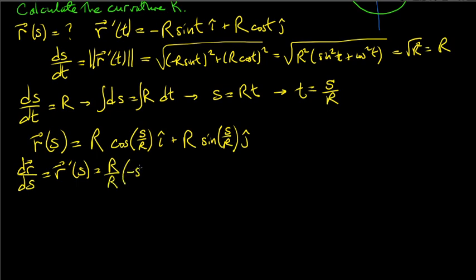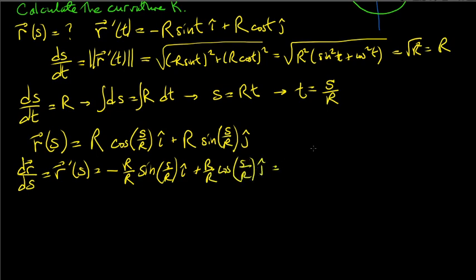So negative, well, let me put the negative in front. Negative r over r times sine of s over r times i. And then same thing here, plus r over r times cosine of s over r times j. Again, the 1 over r comes from the chain rule. So this is really just negative sine of s over r times i plus cosine of s over r times j.